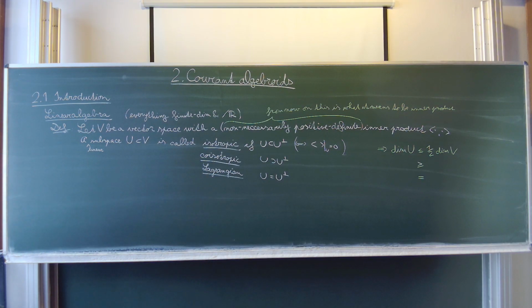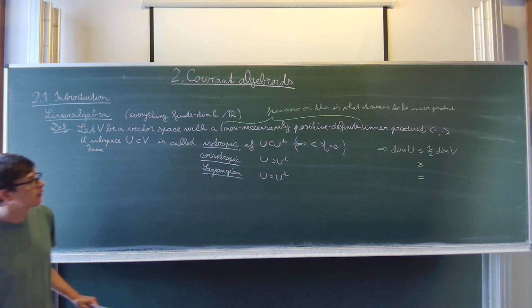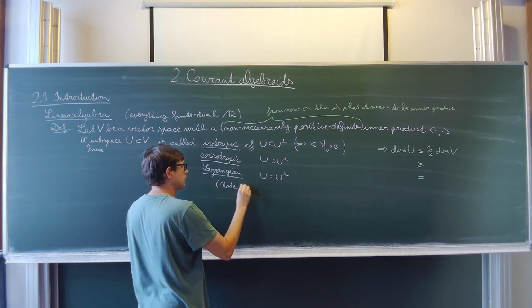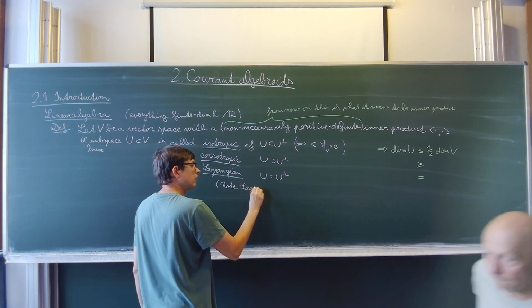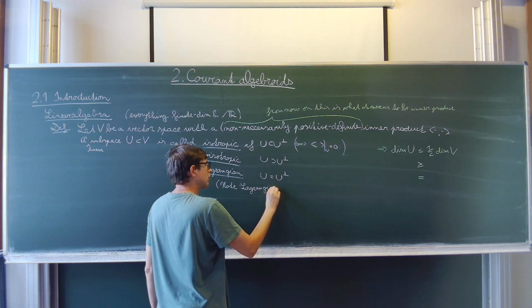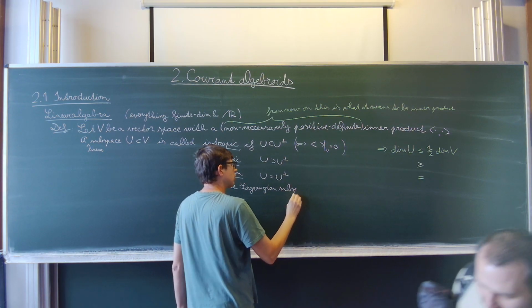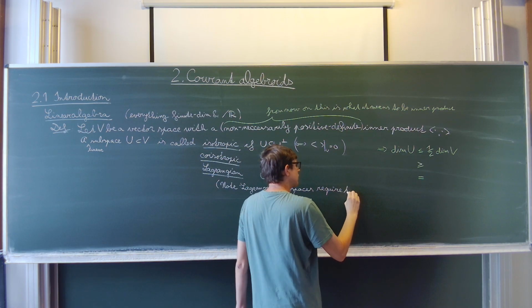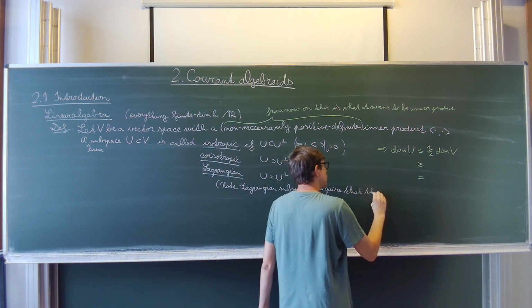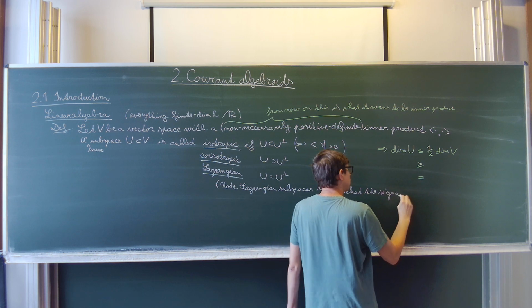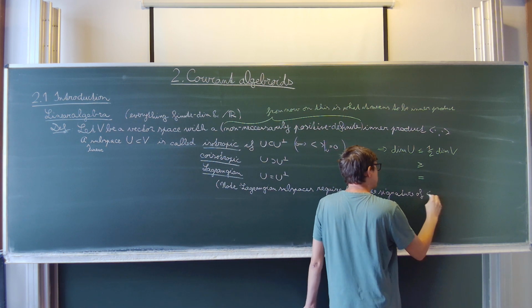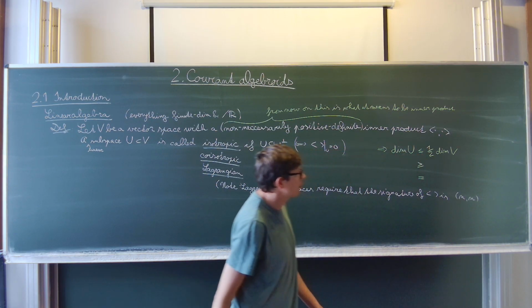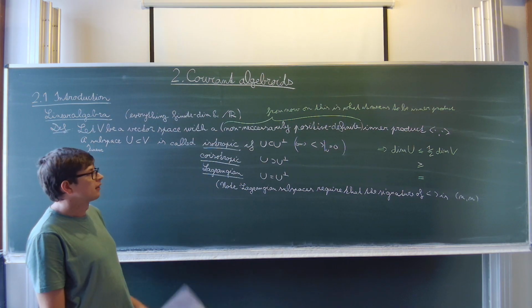But note that Lagrangian subspaces require that the signature of the inner product is (n, n), so the same number of pluses and the same number of minuses.